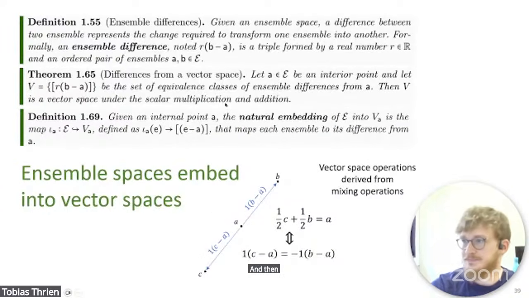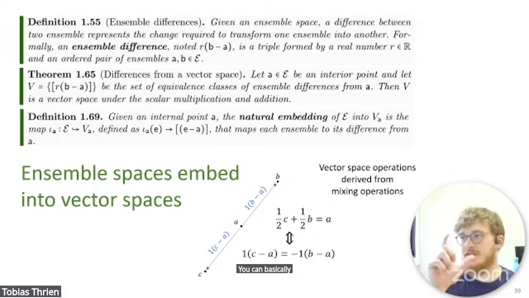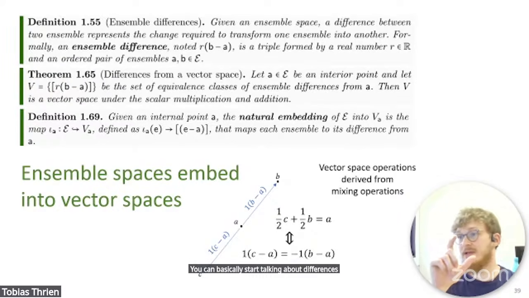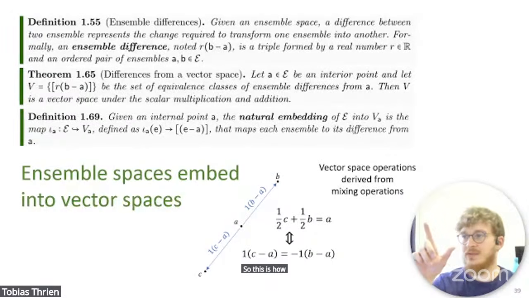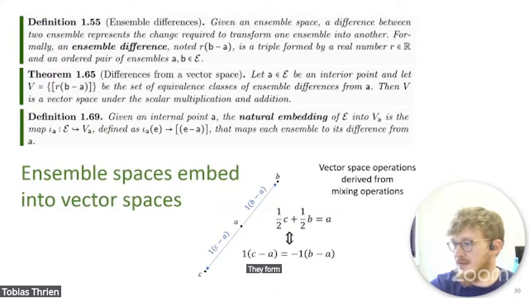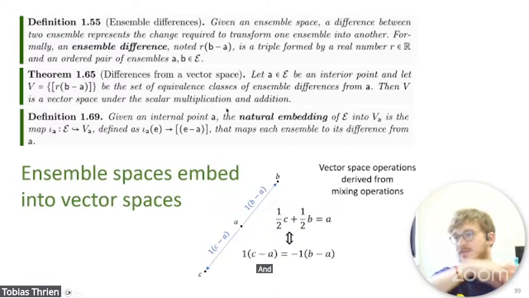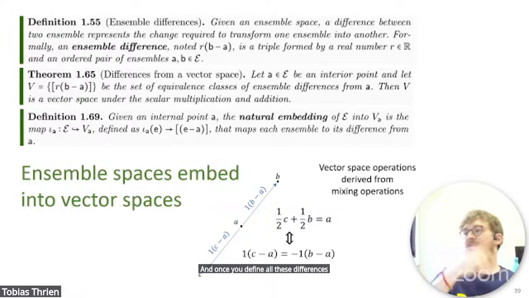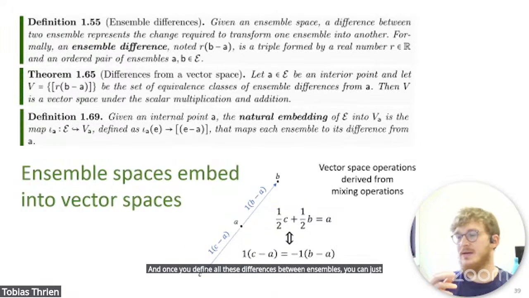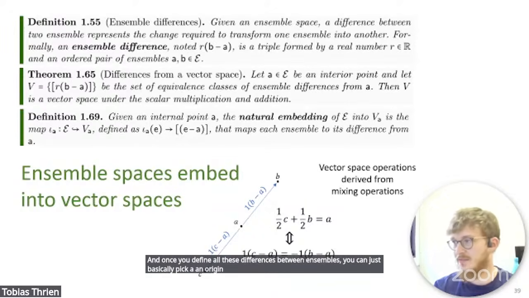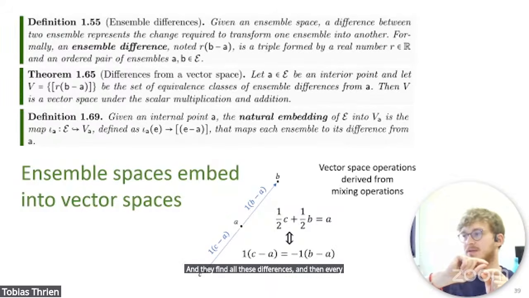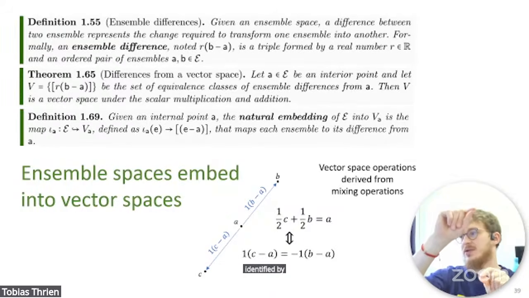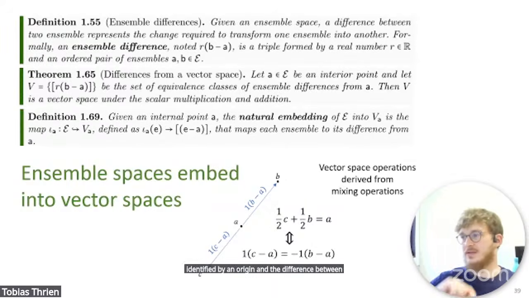And then you can start talking about differences. You can define differences between ensembles. This is how we now move to a vector space. Once we have differences, they form a vector space. Once you define all these differences between ensembles, you can pick an origin for your vector space, and then every ensemble is identified by the origin and the difference between your ensemble and the origin.